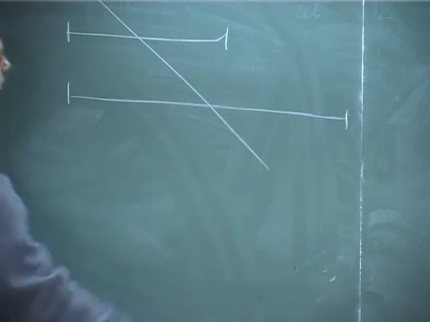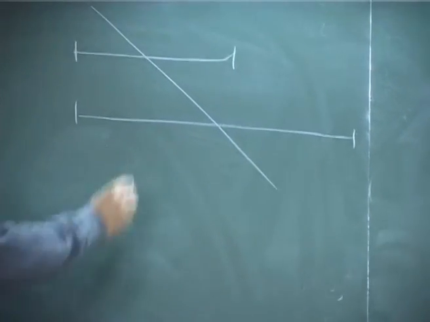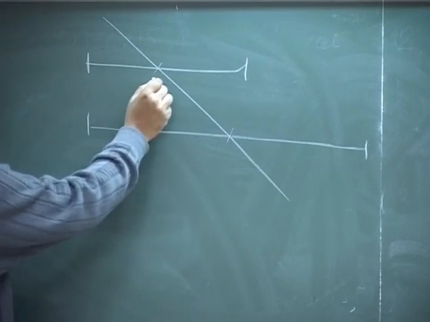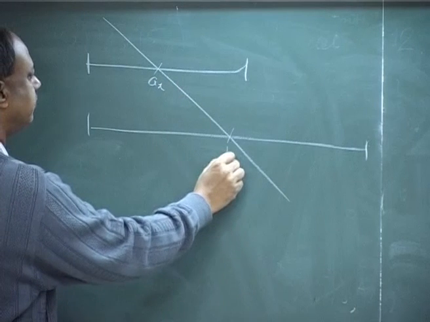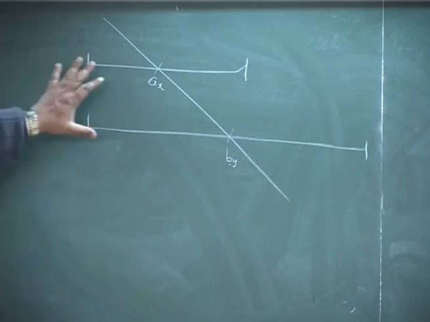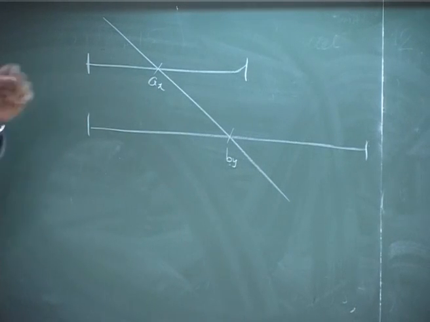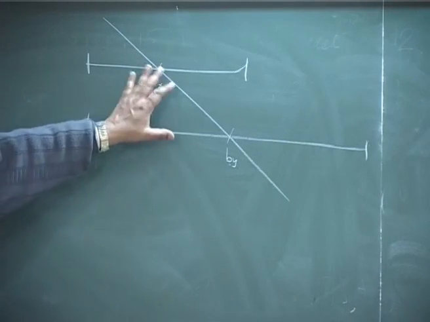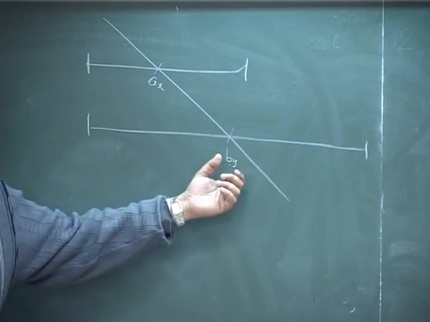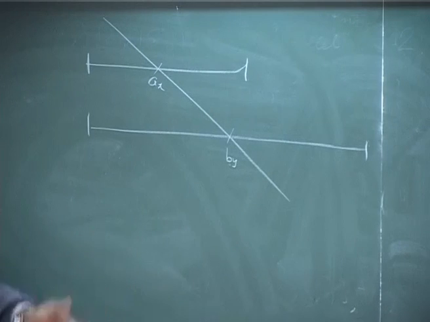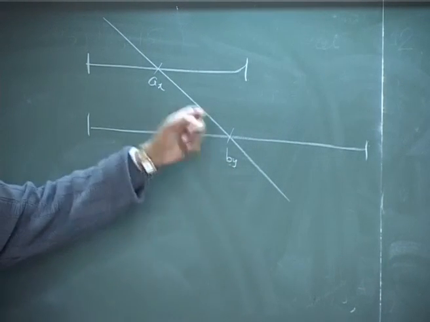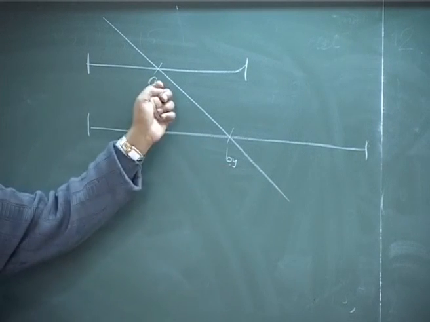Suppose this is the median of these 2 sequences, means there will be one element here and another element here, so this is AX and this is BY. By some method, I divide into the 2 parts so that one of AX, BY is the median, and the other one is the neighboring element of the median. Maybe the smallest element larger than this, or the largest element smaller than this.